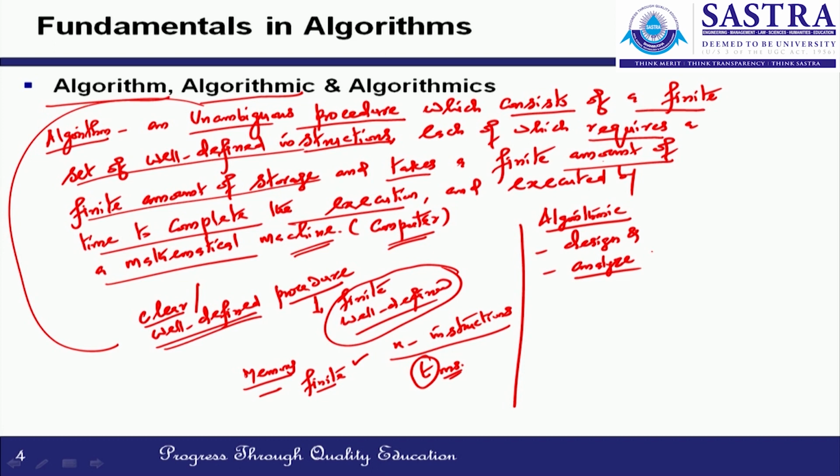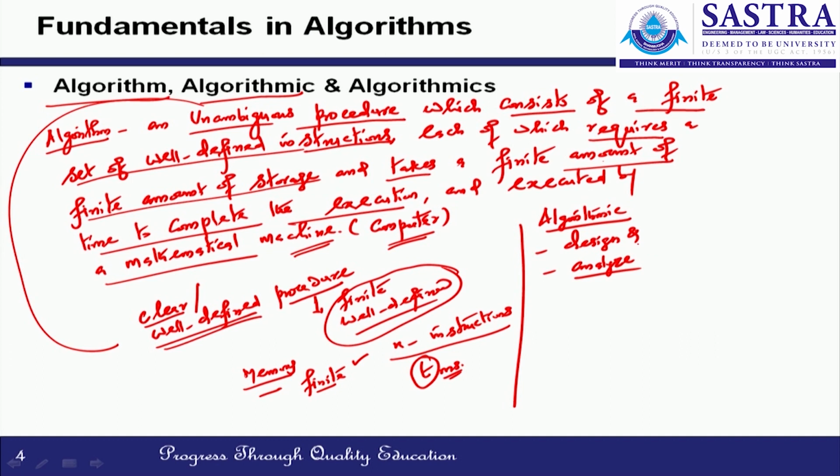Algorithms can be designed in different ways, for example, divide and conquer method, backtracking method, heuristics method, a greedy strategy. Different design techniques are there to design the algorithm for the given problem.